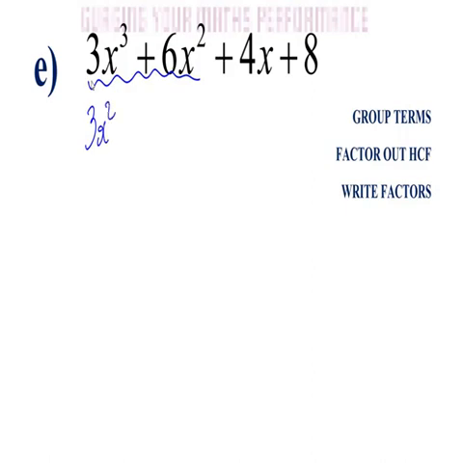Now let us observe our last two terms to ensure that they have common factors also before we go ahead and start. So we have 4x and we have 8, and the highest number that can go into both 4x and 8 is 4. So we can go ahead and start factorizing by using the highest common factor.